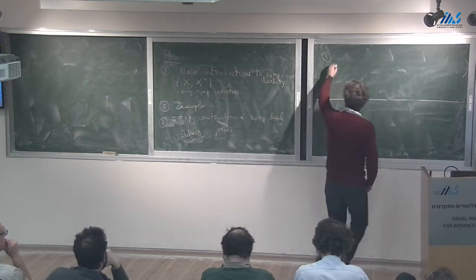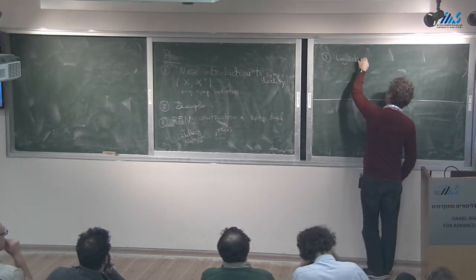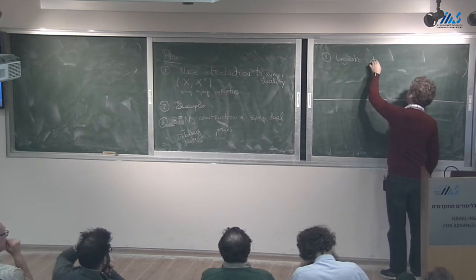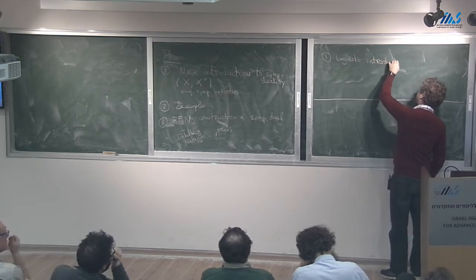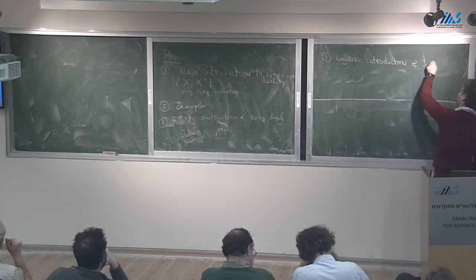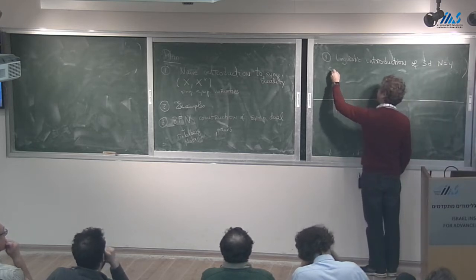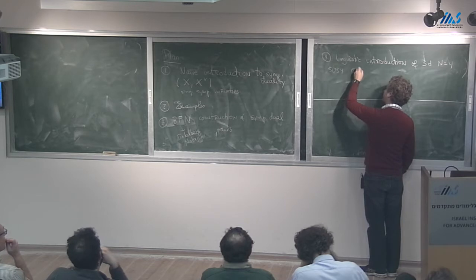So part 4 will be some kind of linguistic introduction of, I should try to say, some mathematical structures related to 3D N=4 supersymmetric quantum field theory.